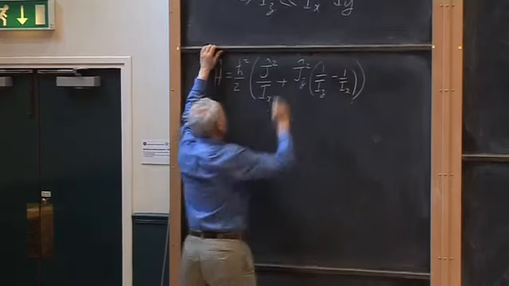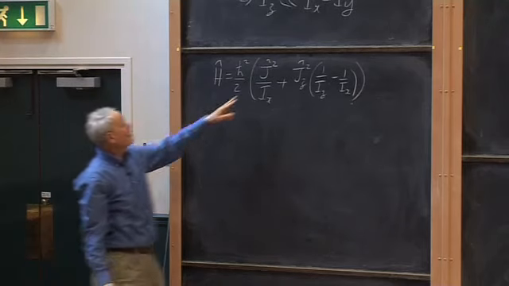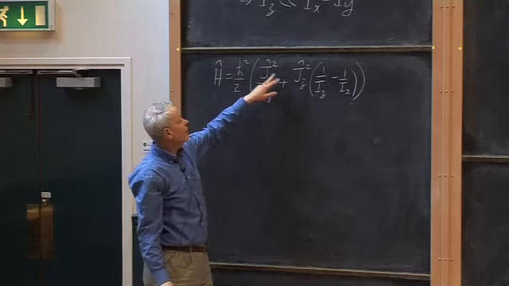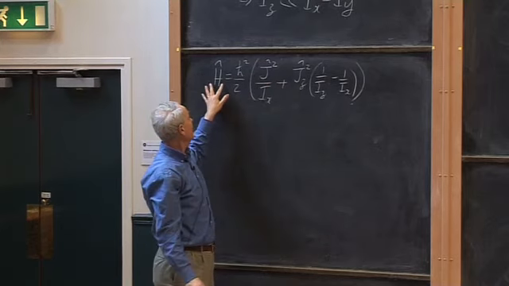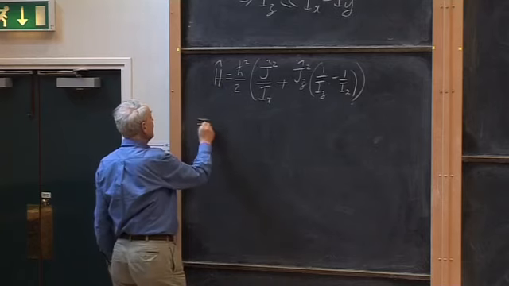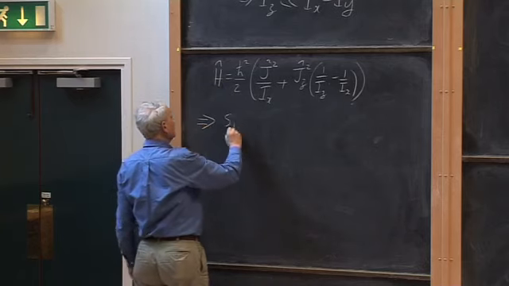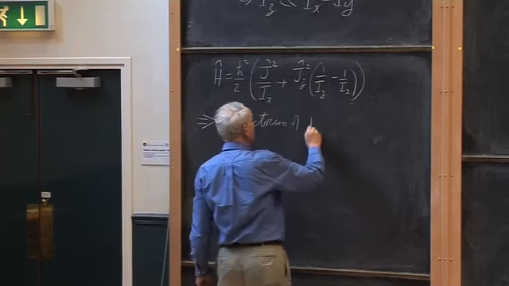And now the beauty of this is that we know what the eigenvalues of this operator are, and what the eigenvalues of this operator are. So we can immediately say what the spectrum of H is.